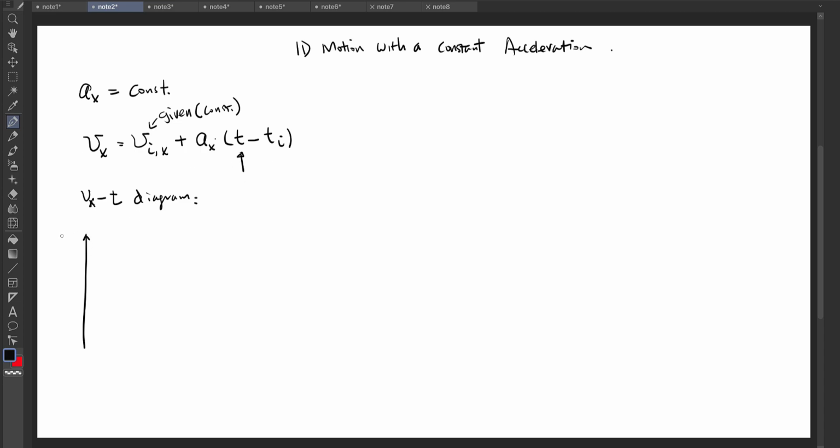So first, the vertical axis is vx, and the time axis is here. The origin is here, representing velocity equals 0. Okay. So we have several situations. Let's say if I plug in t equals ti. ti is here.